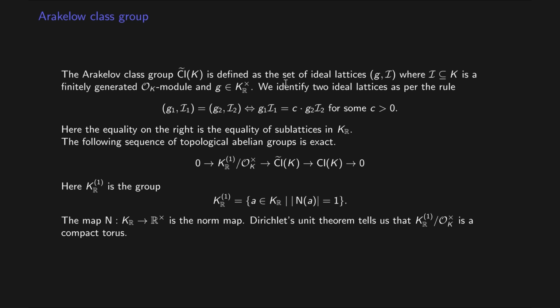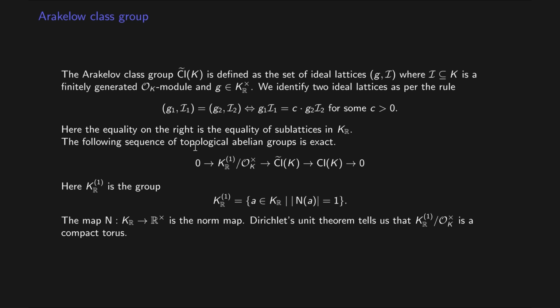So we take all fractional ideals of K, then we multiply their coordinates by different non-zero numbers, and so we look at all the possible lattices that we get, and then we look at their equivalence classes modulo the homothety, so multiplication by a positive real number.